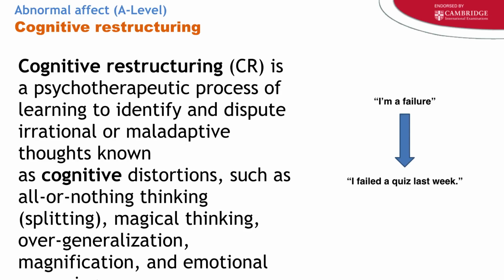Cognitive restructuring is a psychotherapeutic process of learning to identify and dispute irrational or maladaptive thoughts, known as cognitive distortions. An example that I use when teaching abnormal affect or depression is to take a statement that is faulty and to turn it into a better statement or a replacement thought.